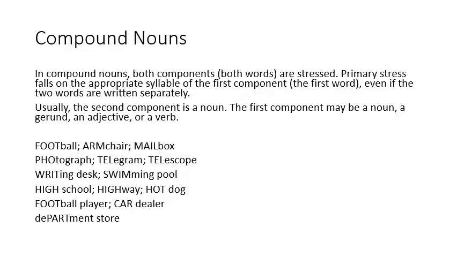Okay, first, compound nouns. In compound nouns, both components or both words are stressed. التنتين بيكون عليهم stress, ولكن primary stress falls on the appropriate syllable of the first component or the first word, even if the two words are written separately.